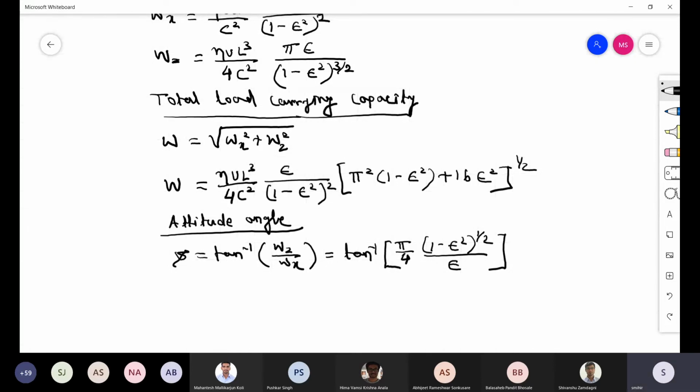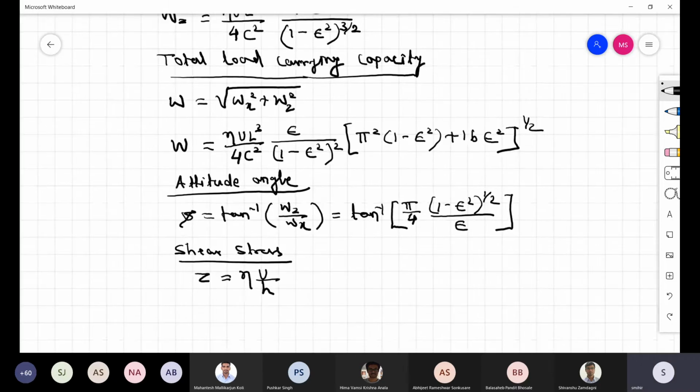Now similarly, in a very similar way, you go on calculating the friction. For that you need to calculate first the shear stress. So shear stress is tau equal to eta u by h. Here del P upon del X is not there.